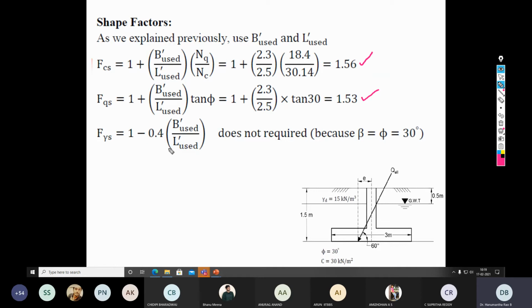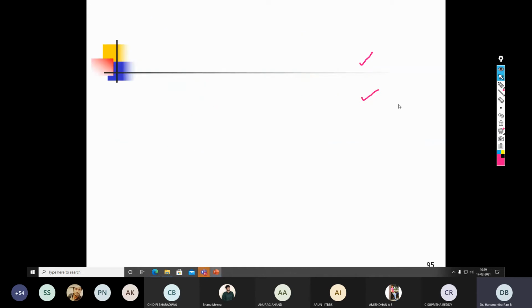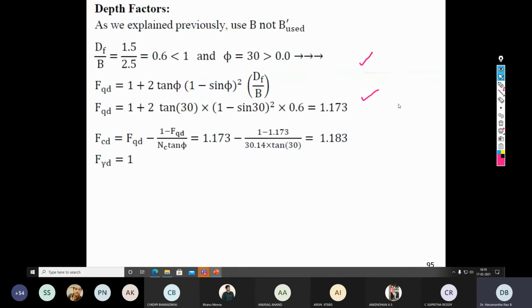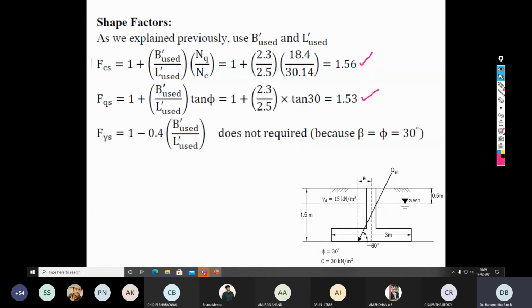Okay, F gamma S we can take as 0 because the last term is by default becoming 0 when you take the inclined load. Is it okay? Can I go for depth factor calculation? Or anybody is noting down?